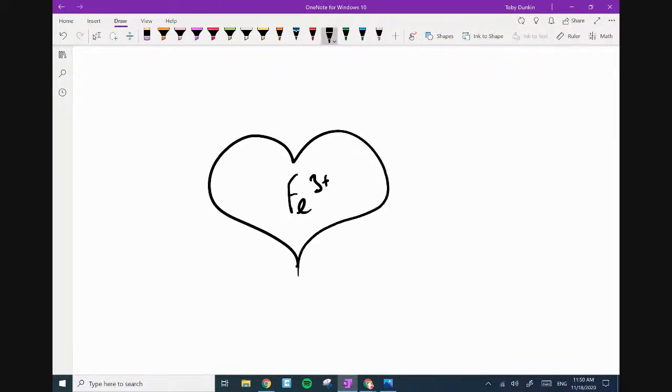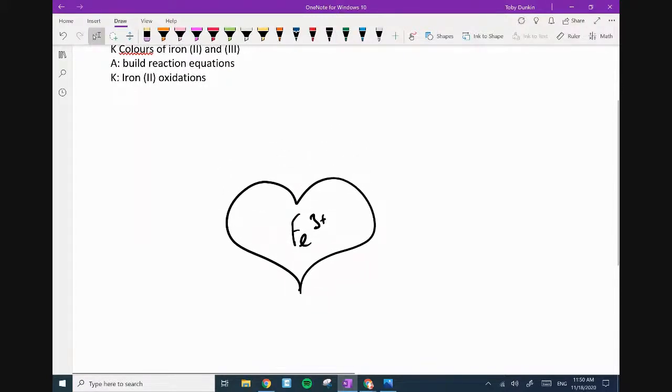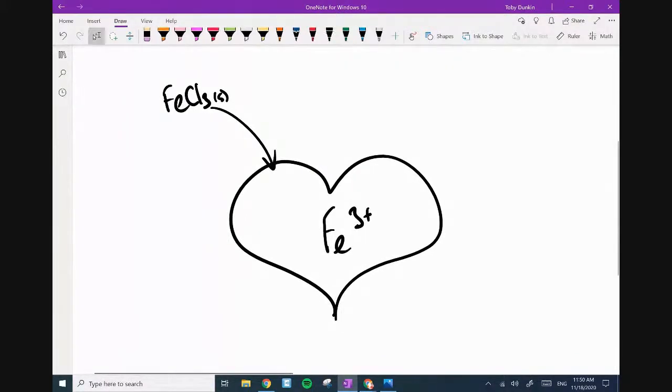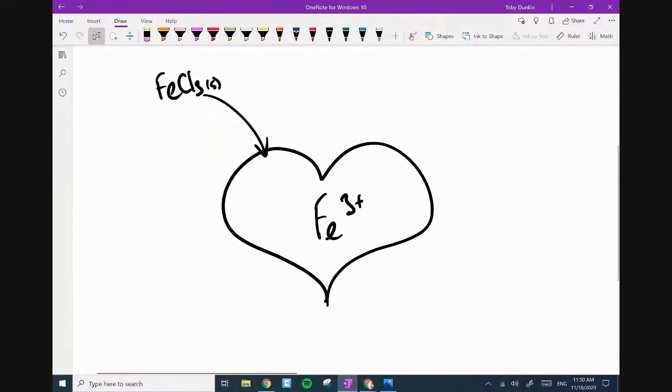And here's our beautiful heart. Okay, so the first thing we're going to do, like we did in all of the previous ones, we're going to be talking about the fact that you can have the anhydrous salts of this. So it'd be something like iron 3 chloride. Now iron 3 chloride, if it was anhydrous, it'd be a white solid. It'll be a pale yellow because you can never have truly anhydrous, but it's essentially white.